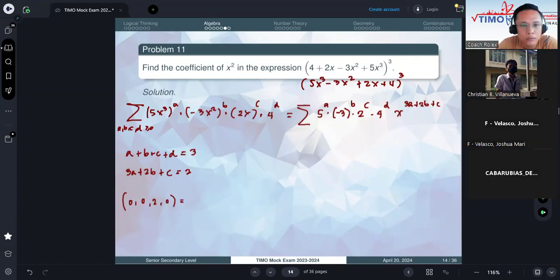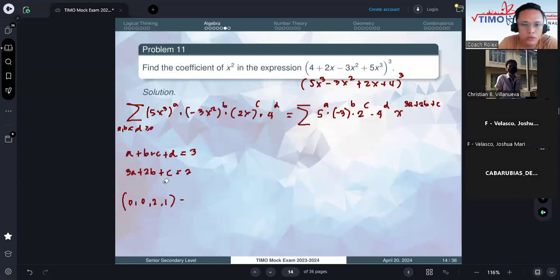But we need to have a plus b plus c plus d equal to 3. So we can have d equal to 1. So it will satisfy both of the equations.